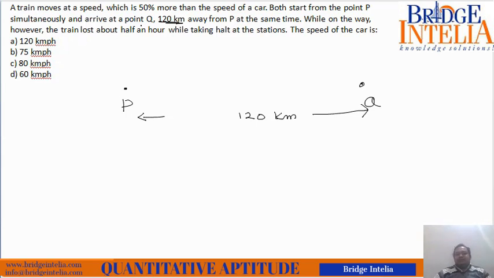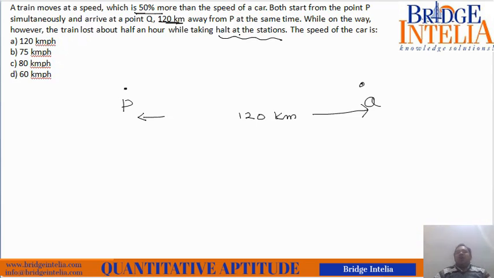How is that possible? If they start together and reach together, it means their speed must be same. But in the question it is given that train moves at 50% more speed. So why is this happening? This is happening because the train has to stop.